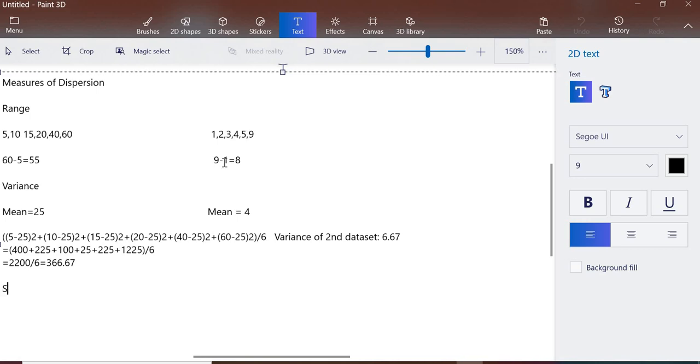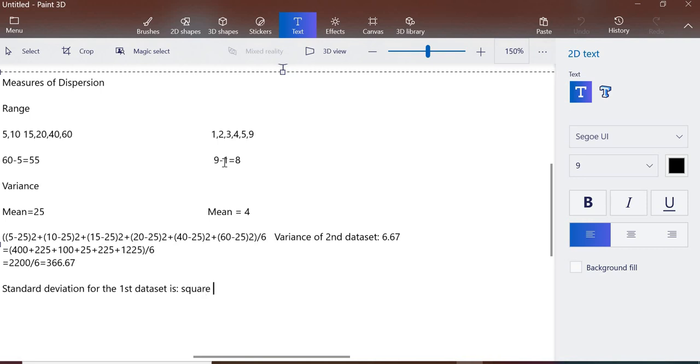So for the standard deviation of the first data set, it's simply the square root of variance.